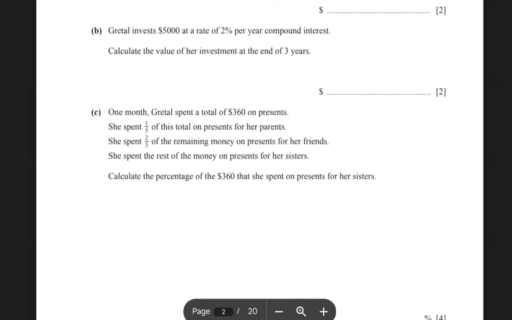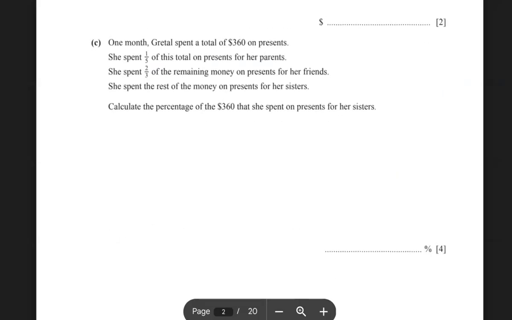Next, fractions and percentages. Good question. One month, Gretel spent a total of $360 on presents. She spent 1/5 of her total on presents for her parents, 2/3 of the remaining, so keyword here is remaining, for her friends, and the rest for her sisters. Calculate the percentage of the $360 she spent on the presents for her sisters. This 360 is actually useless, by the way.